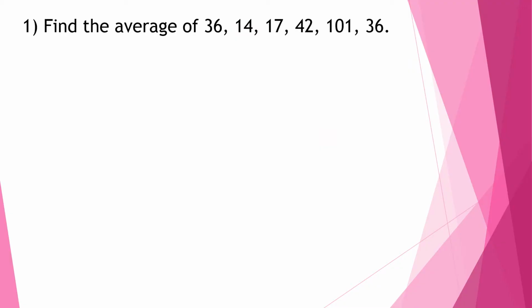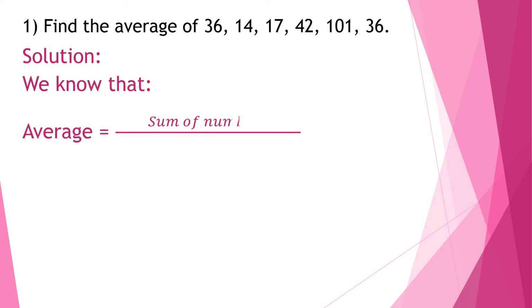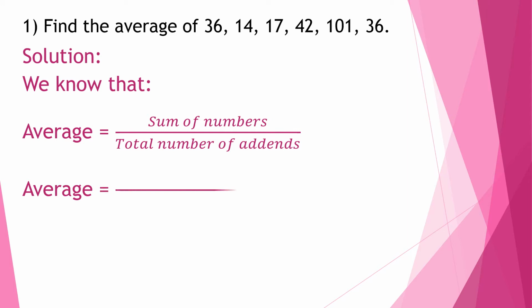Question number 1. Find the average of 36, 14, 17, 42, 101 and 36. Write the solution. We know that average is equal to sum of numbers upon total number of addends. First, write the sum of all the given numbers, which is 36 plus 14 plus 17 plus 42 plus 101 plus 36.